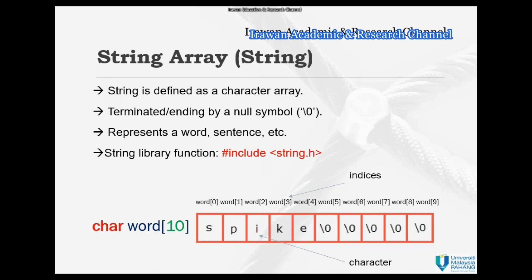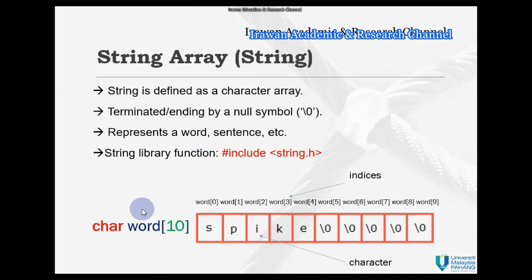When you develop your software with the string array, in C and C++ there is also a specific library for strings, string.h, which has several functions under this library. You can search for these functions everywhere. There are many resources outside regarding the functions under this library or header.